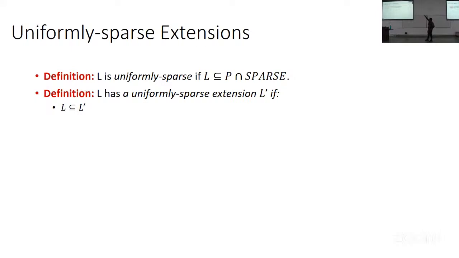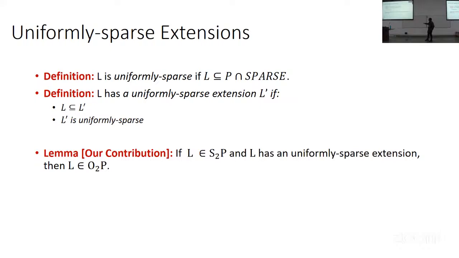The uniformly sparse language is super easy. It's a way of tapering out many of my points. And if I can embed my whole language into some uniformly sparse language, I say that the language has a uniformly sparse extension. And once you have this, you show that a language in S2P with this uniformly sparse extension is also in O2P.